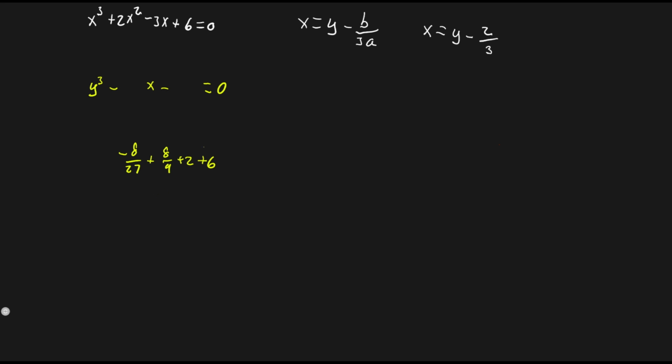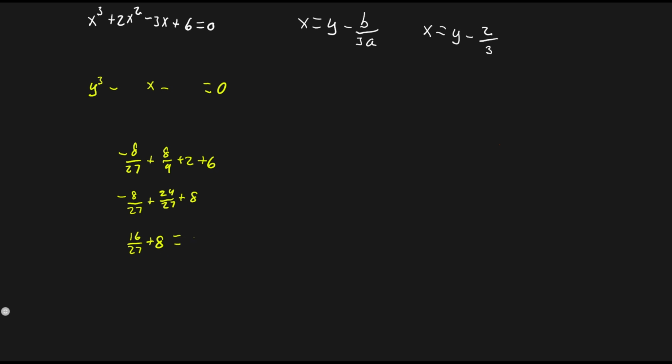And let's just go ahead and group these terms. We have negative 8 over 27 plus 24 over 27 plus 8. And now we will have 16 over 27 plus 8. And now, if we multiply 8 by 27 and convert it into a fraction, we will have 216 plus 16.